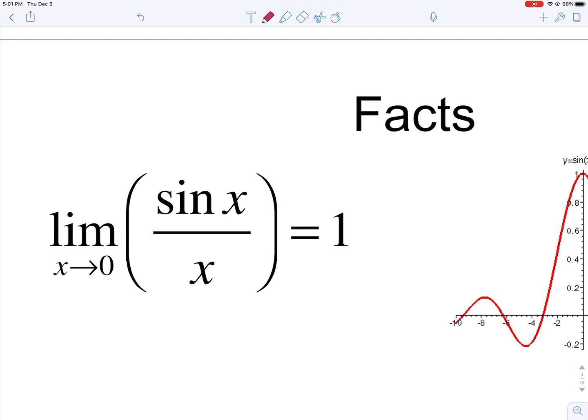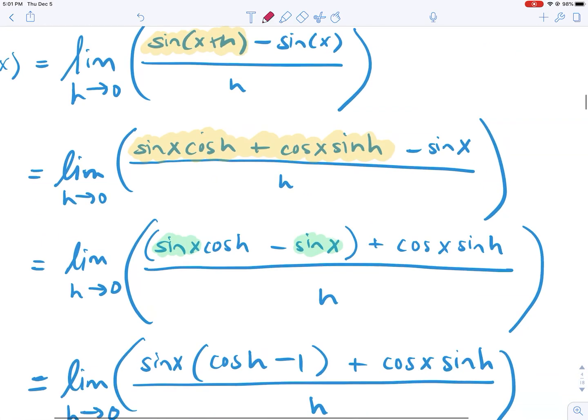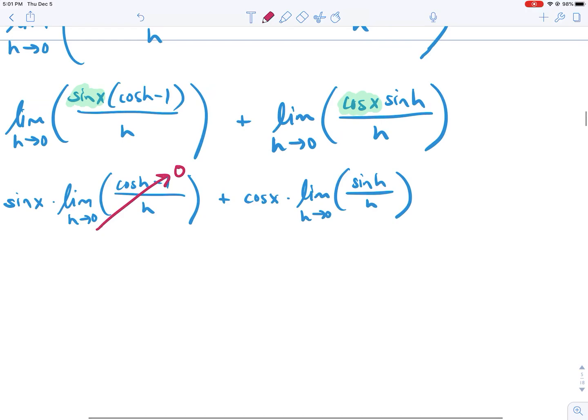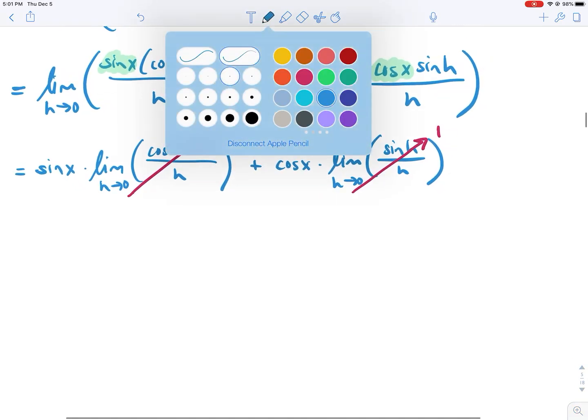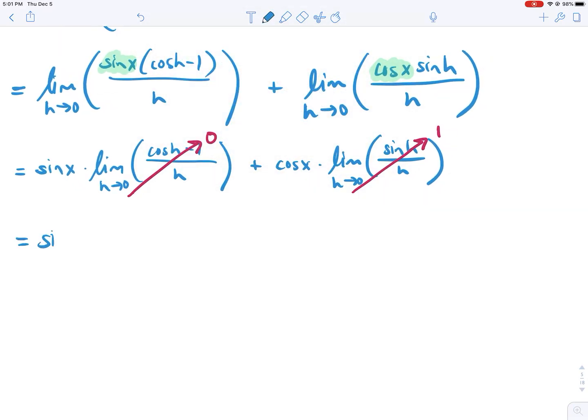And again, think about replacing all those x's with h's, and we can say that this limit is equal to 1. So we would end up with sine of x times 0, which is going to be 0, plus cosine of x times 1, which is just cosine of x.